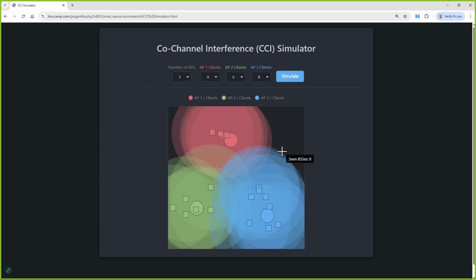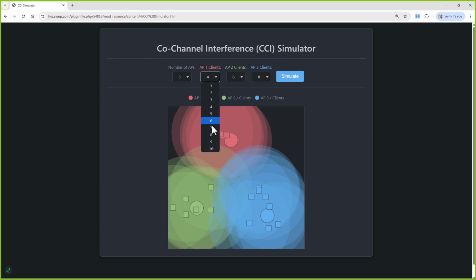Now notice we have clients clustered around the AP they're associated with. But look, for example, here you can see that this client's signal is going well into this area of the red AP up here. And this client is going well into the signal area of the red AP. And so we can see that in this case, there are plenty of areas where you can see 2 BSSs in the same channel at the same time.